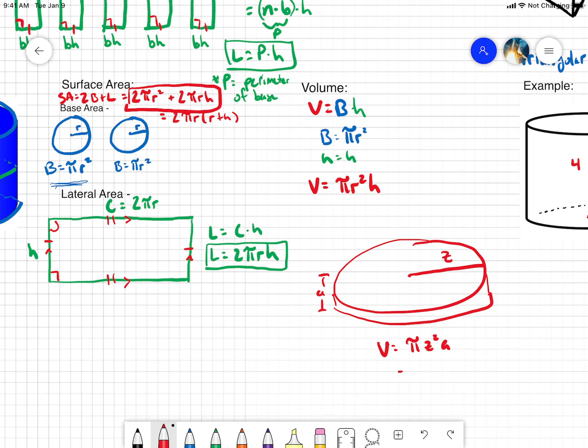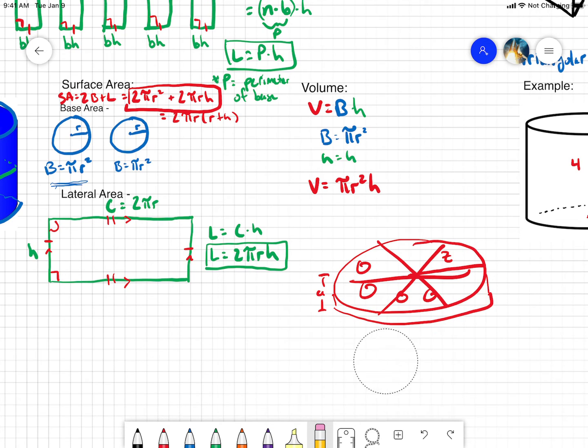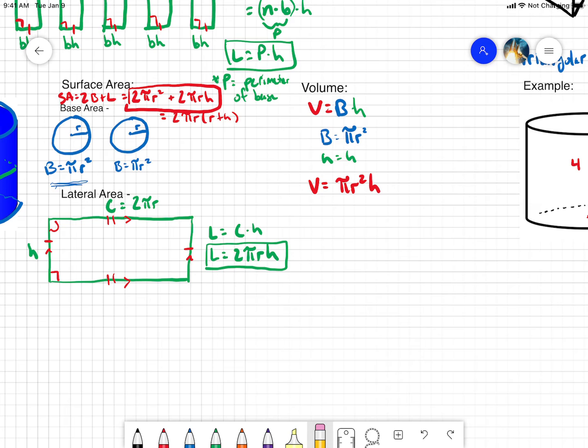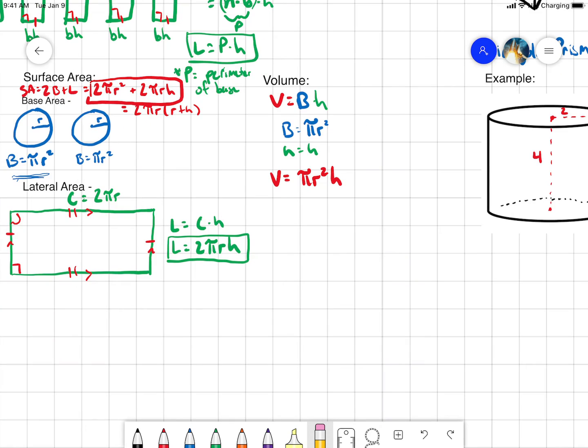Well, if you're writing pi as in the actual word, it's not pie, it's pi times z, and then z squared is z times a. You can get pizza. I just thought that was funny. Sorry, I know that was a super lame math joke, but I told it anyway. But that might be a way to help you remember how to find the volume. Pi r squared times h, or pizza.